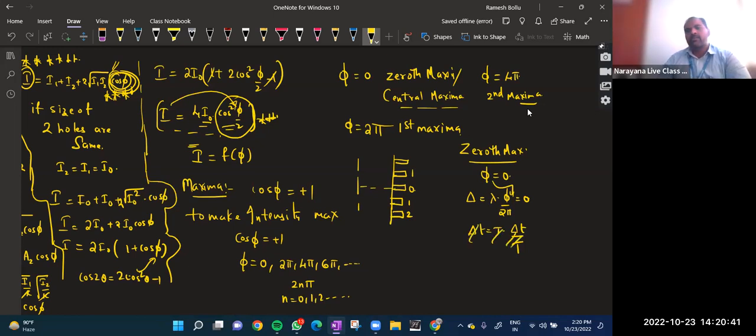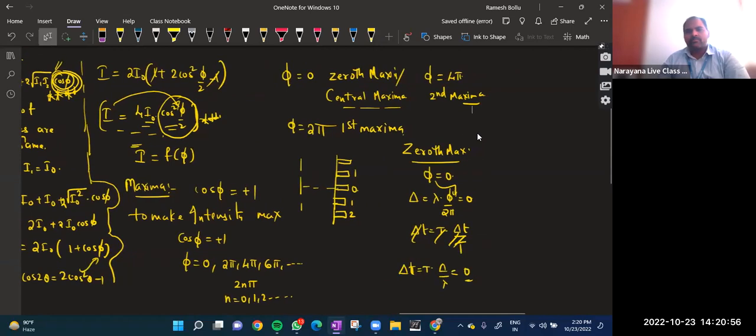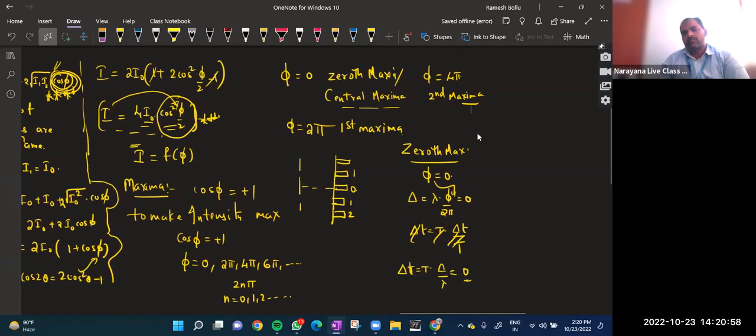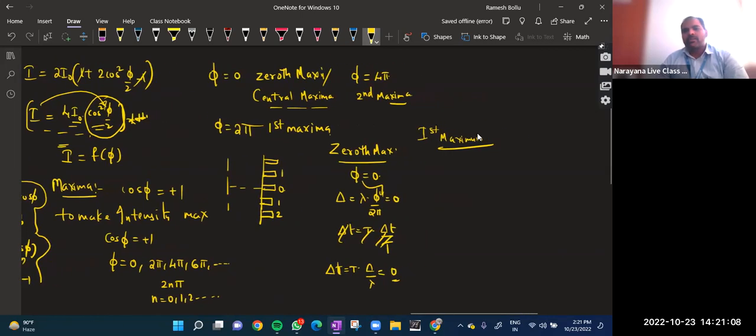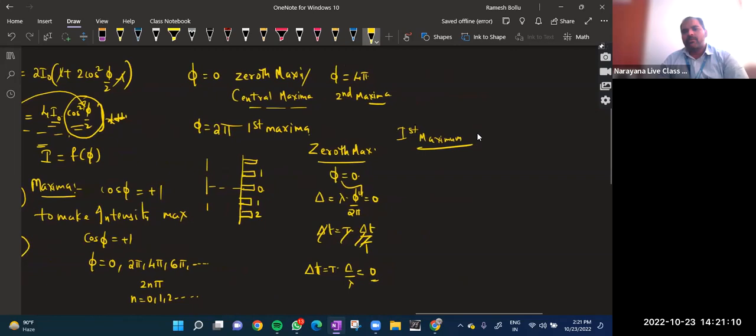No, wait a second. Time difference is nothing but time period T into delta by lambda. So if you put delta as 0, this is also 0. Similarly for the first maxima, what are all these parameters? Write the conditions for first maxima and second maxima, I'm requesting all of you.